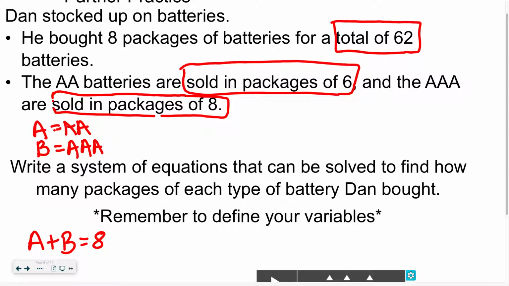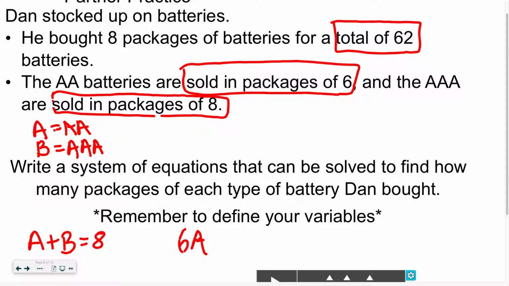6A. Now this is where it really matters. The variable is not as important in that first equation, whether it's A plus B equals 8 or B plus A, but now it matters. Because when Rogelio says 6A, what does that mean? Why 6A and not 8A? Why does it matter now? The A represents the double A battery.